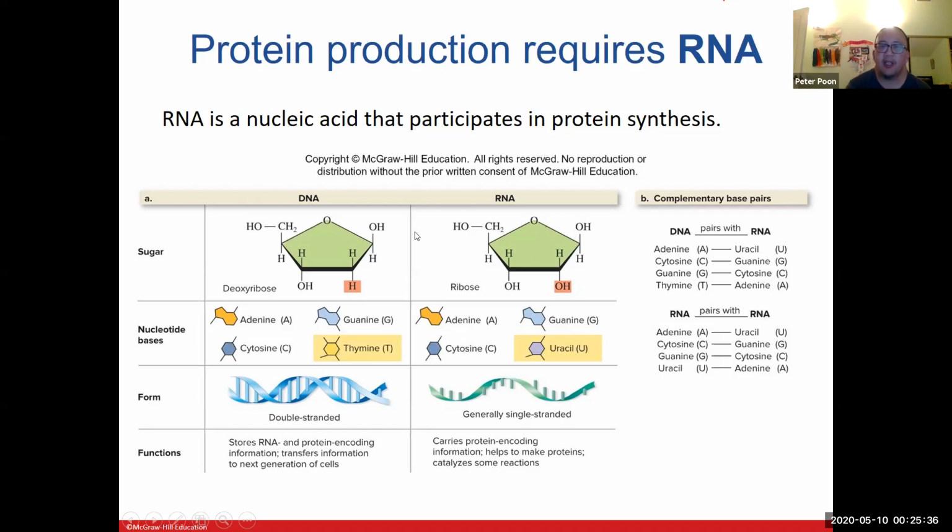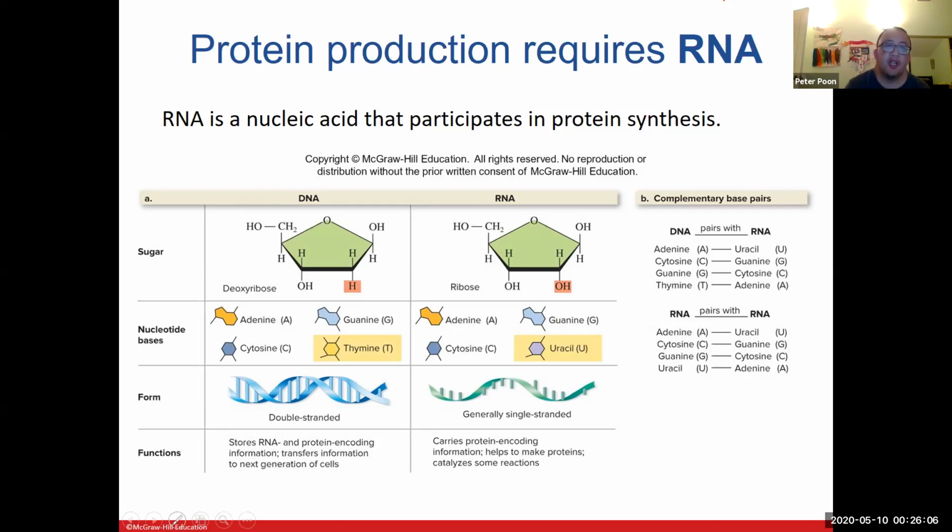So deoxyribose versus ribose. I know it doesn't look like a big difference, but it's a huge difference. This makes DNA super stable, so DNA doesn't degrade very easily. RNA is much less stable because of that OH, but that OH actually allows the RNA to be more flexible and do different things that DNA cannot.